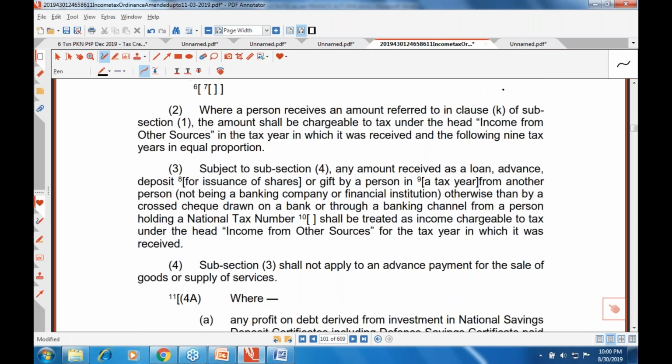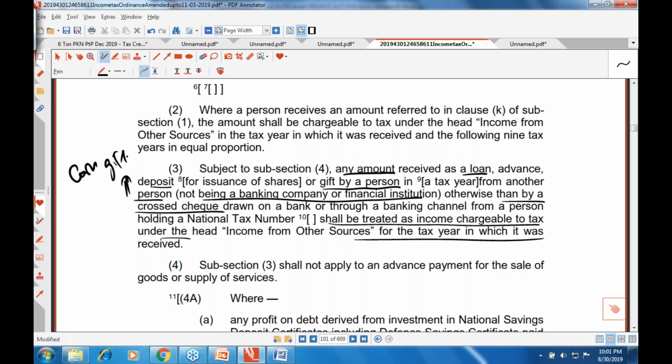The law says that if any amount is received as a loan, advance, deposit, or gift by a person in a tax year from another person, not being a banking company or financial institution, otherwise than by crossed cheque, then it shall be treated as income chargeable to tax under income from other source.